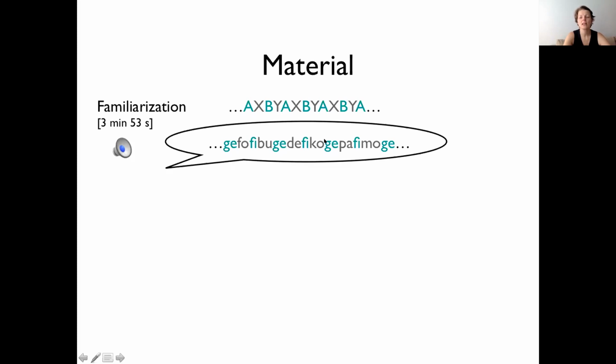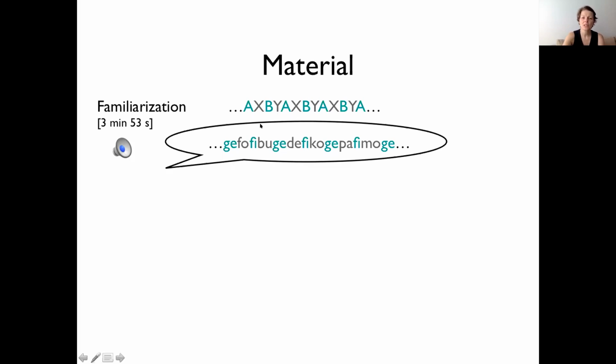As you can see here, every occurrence of the category B is mapped onto the single syllable fi. So you can see that ge and fi are extremely frequent. At the level of categories, X's and Y's are equally frequent, but at the level of tokens, they are not, because they are categories that have 9 tokens in them.